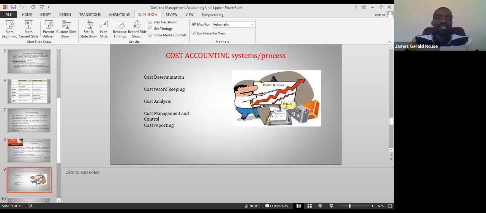I'll just summarize the cost accounting system or process from what I've been talking about in the previous slides. Just to sum it up, you realize that the first process is to determine your cost. Let's determine the cost. It could be the cost of the material that is involved.